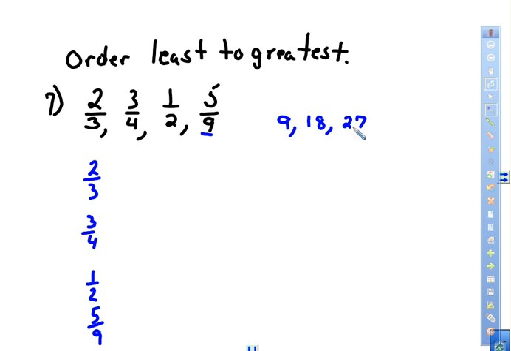And we say, does 3 go into 27? Yes, it does. Does 4? It does not. So the next one would be 36. Does 3 go into 36 equally? It does, 12 times. Does 4? Yes, 9 times. Does 2? Well, it's an even number, so yes, it does. So 36 is going to be my least common denominator.